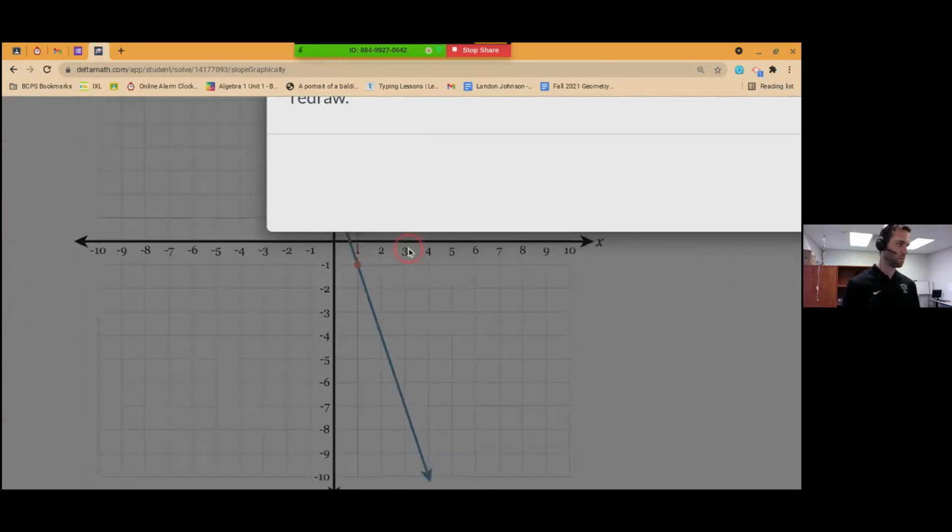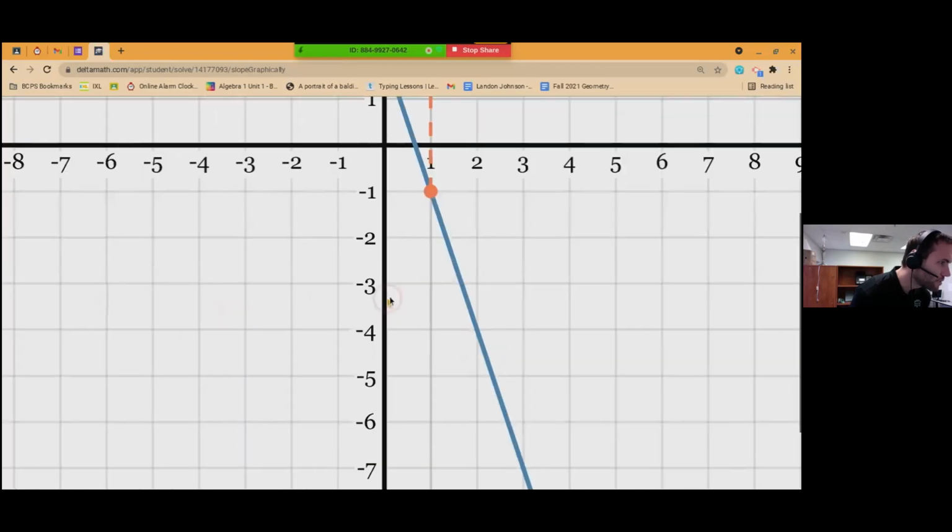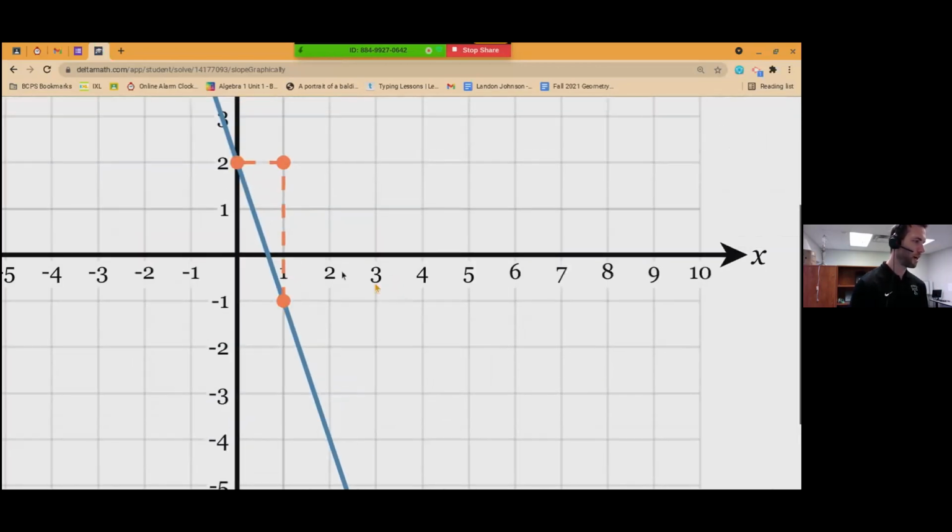Now what's the slope? So the slope is the rise. So how much does it go up in a rise? You go 1, 2, 3 up, right? So there's a rise of 3 and over 1, and it's a negative slope. So it's -3.